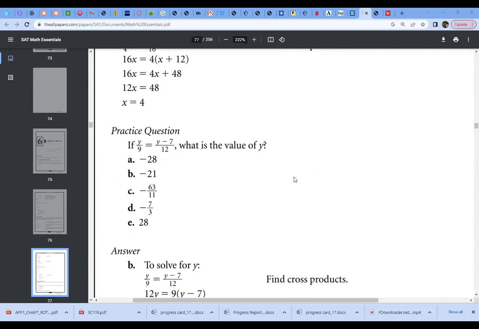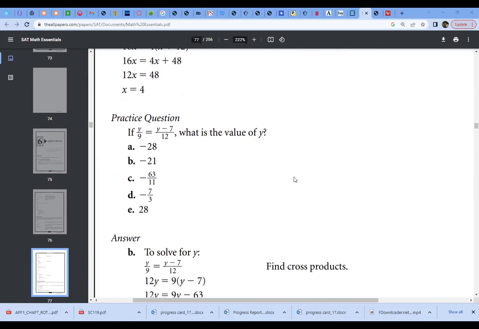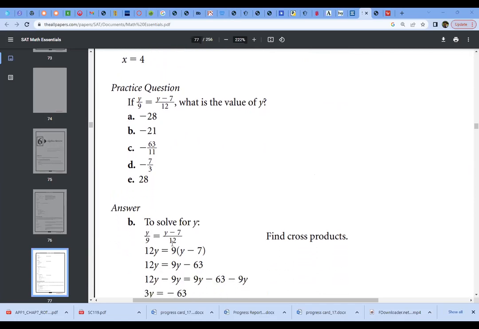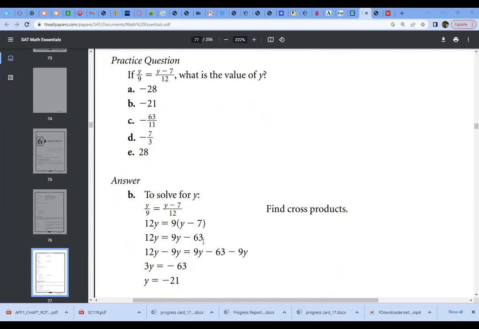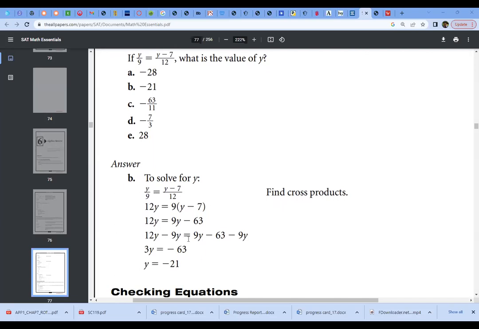Okay, so to answer this, we have to use the cross product technique. We're going to cross multiply y by 12, so it's going to be 12y, and cross multiply 9 by the whole parentheses y minus 7, so it's going to be 9y minus 63. Then you're going to use the first technique, which is solving the equation. We add or subtract to get rid of the variable first.